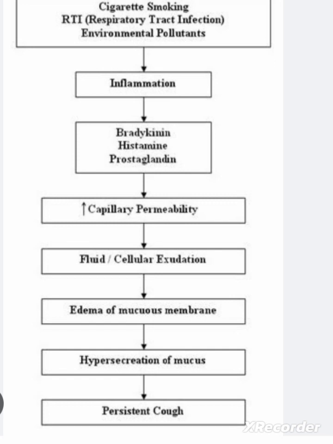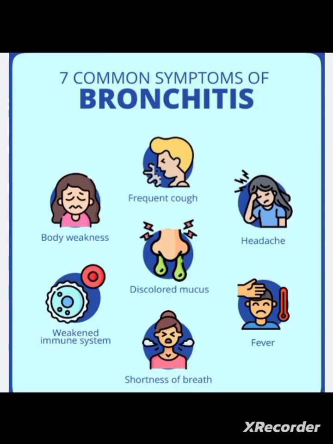In acute bronchitis, the main symptom is cough. The person will have persistent cough. The common symptoms of bronchitis include frequent cough, headache, fever, shortness of breath, weakened immune system, body weakness and discolored mucus.